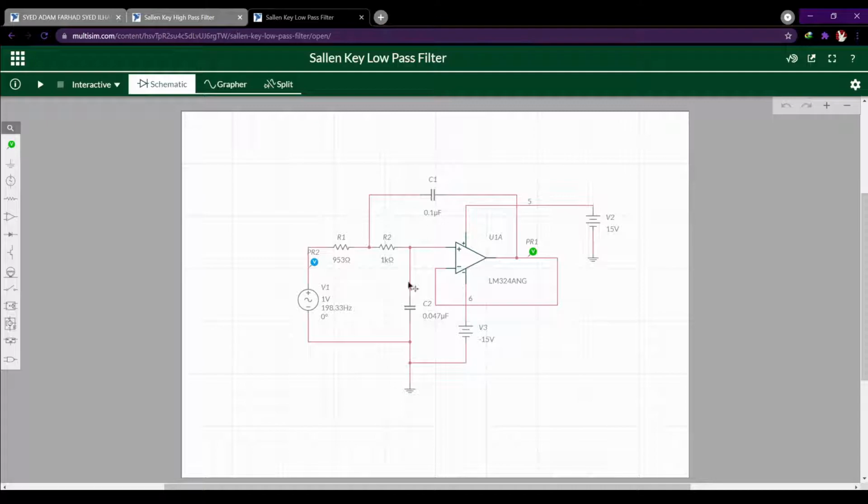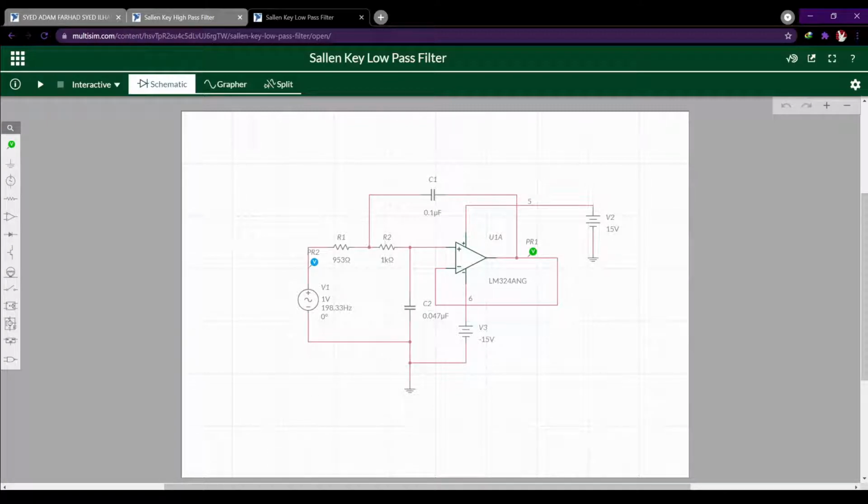Here we have two. The RC section is here: after this resistor, it meets this capacitor. This is one RC section, and this is the other RC section. So we call it a second order, or a two-pole Sallen-Key low pass filter.